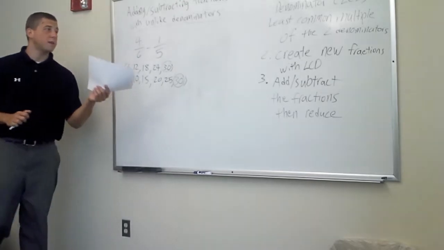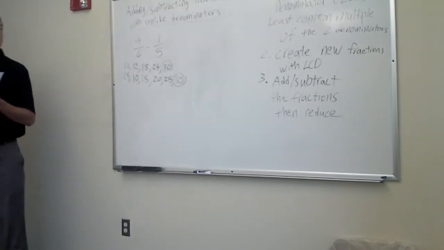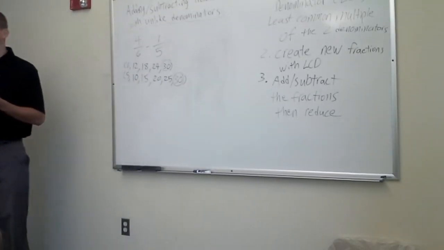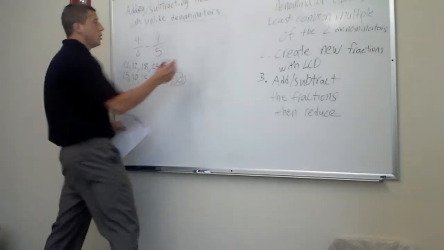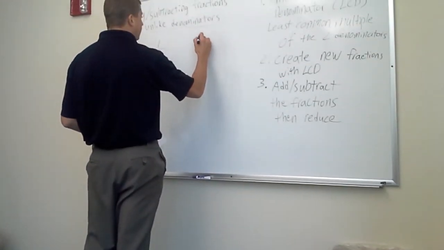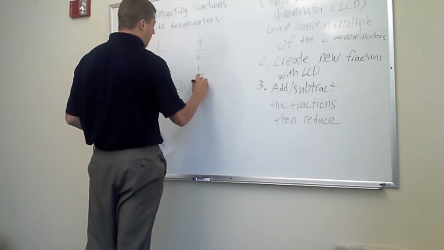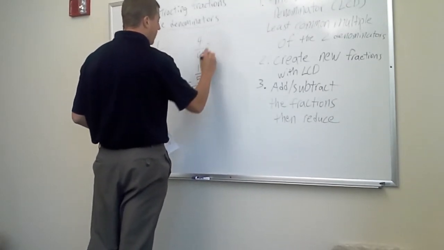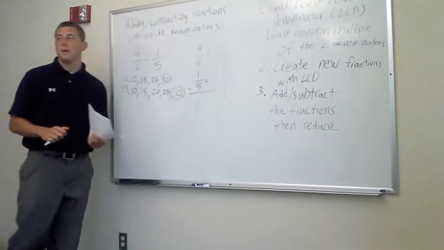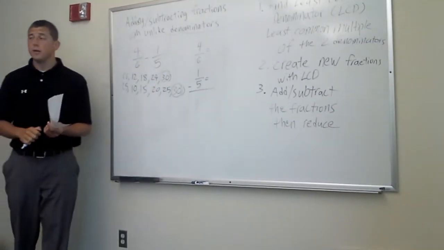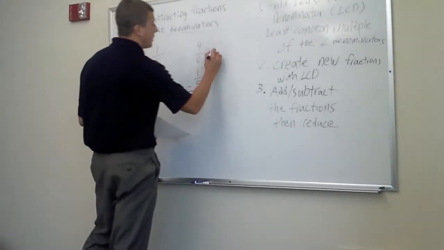Okay, so what's our second step? Now that we found our least common denominator, we have to create the new fractions, right? So how do we do that? We're going to put them vertically. We're going to create our new fractions, right? So what do we want our denominator to be again? Good, 30.